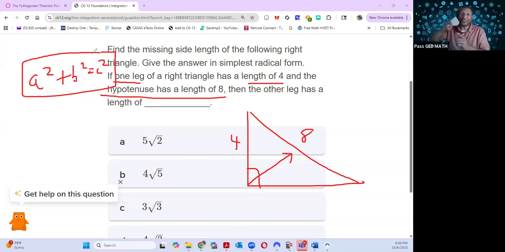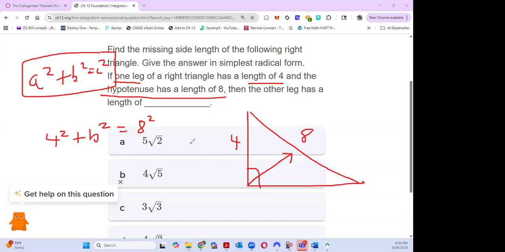You have to know the side opposite the 90-degree angle is your hypotenuse. I don't care what you call A. You can call it A or B, it doesn't matter. The only thing that matters in this formula is that C must be the hypotenuse. So we just plug them in: 4 squared plus B squared equals 8 squared. Does everybody understand where I got A, B, and C from?